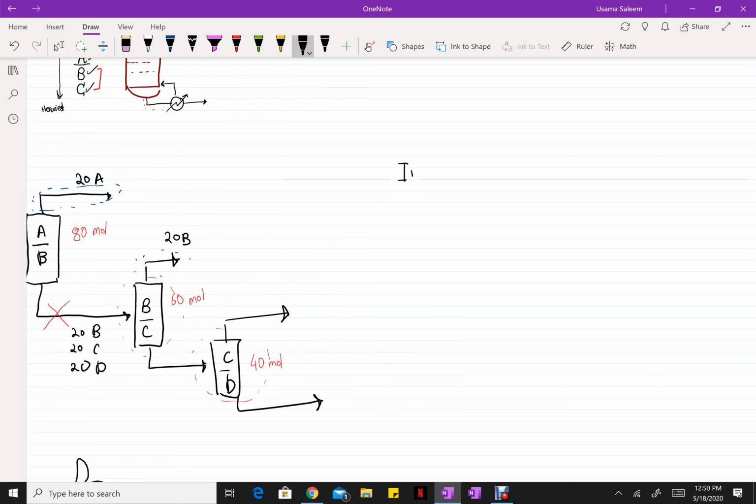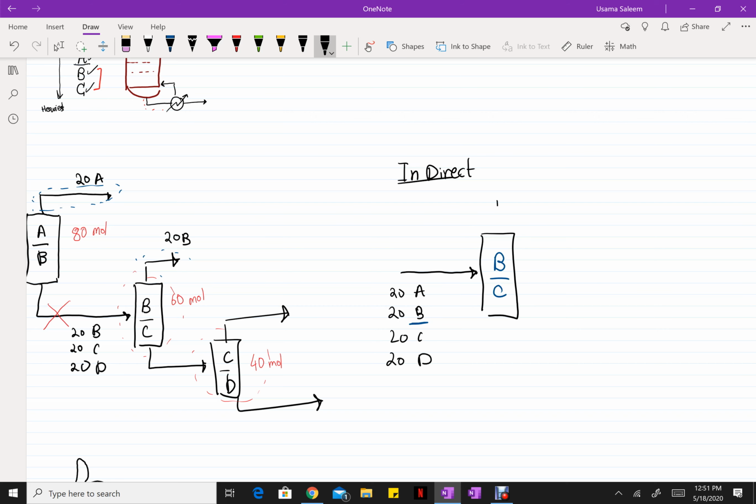Let's come up with an indirect sequence. We still have 20 moles of A, 20 moles of B, 20 moles of C, and 20 moles of D. Now in the first column, let me define a split between B and C, B being my light key and C being my heavy key.